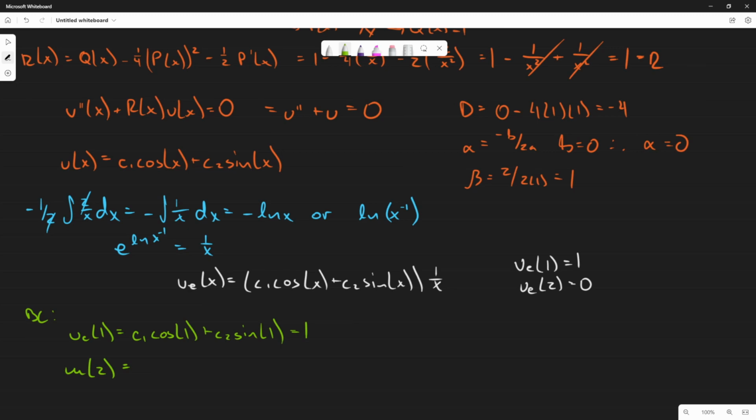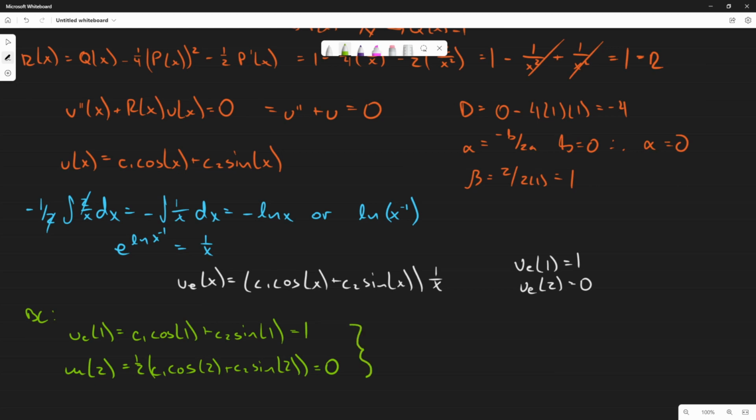Then u of 2 will be 1/2 times c1 cosine of 2 plus c2 sine of 2, and this is equal to 0. And so the way you can solve this is you can use matrices, you can use systems of equations. I'm going to use matrices and skip steps.